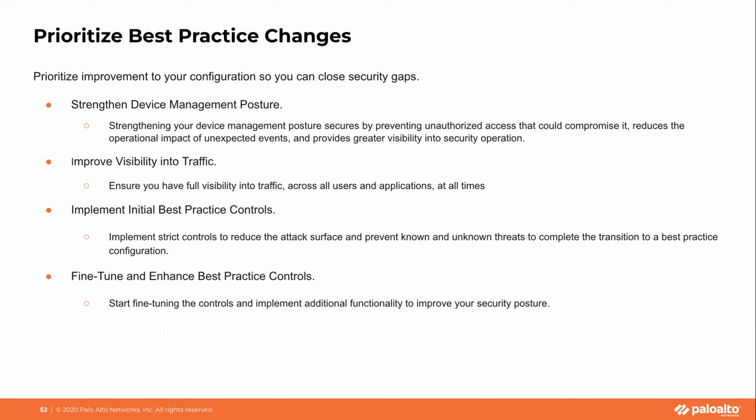Maximize security profile adoption. After you review the adoption summary and identify the gaps in adoption, remediate the gaps using safe transition steps to improve and move towards the full and best practice security profile implementation.